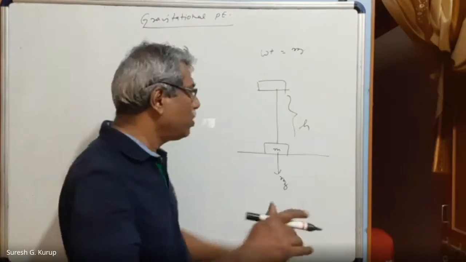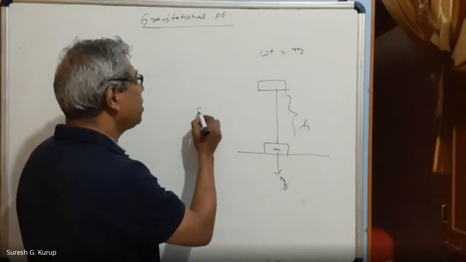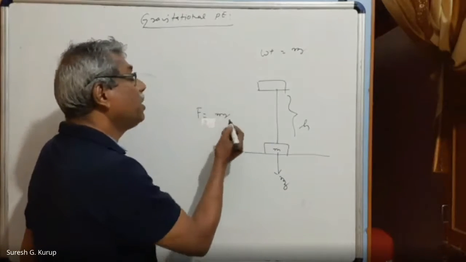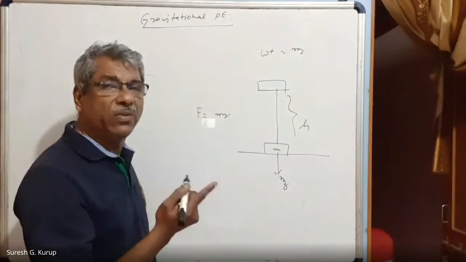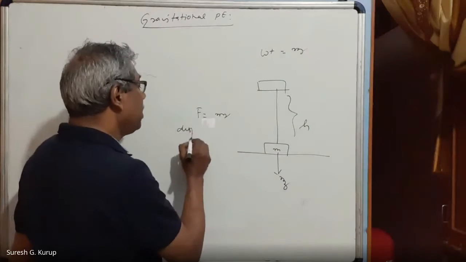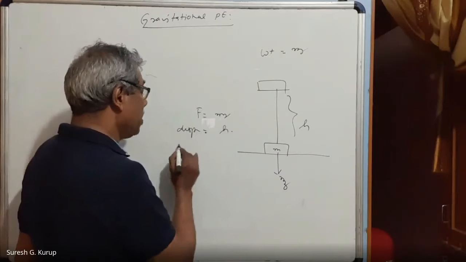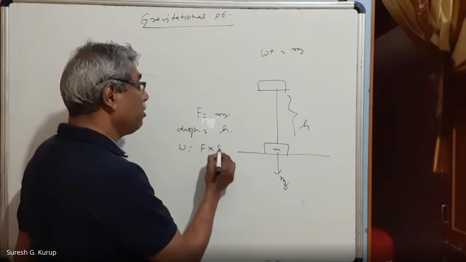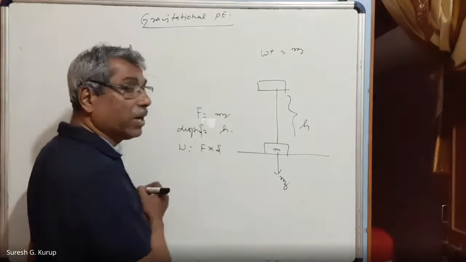So in this case, what is the force applied? The force applied by you to lift the body, F, is equal to mg, since force is equal to weight, and weight is equal to mg. What is the displacement of the body? Displacement is equal to h. Therefore, W is equal to F into displacement, F into S. Displacement S is equal to h.